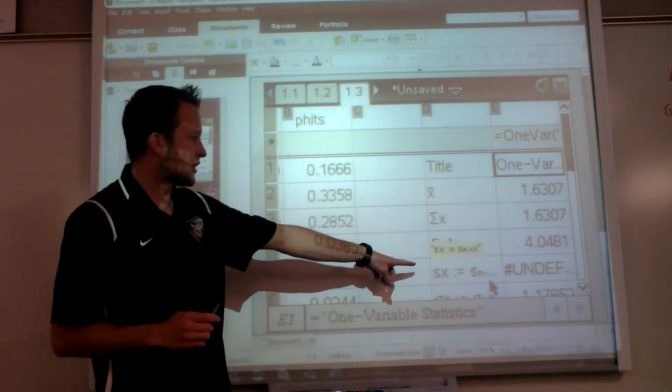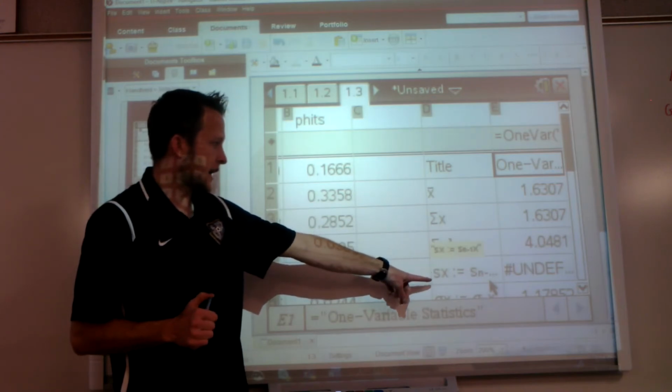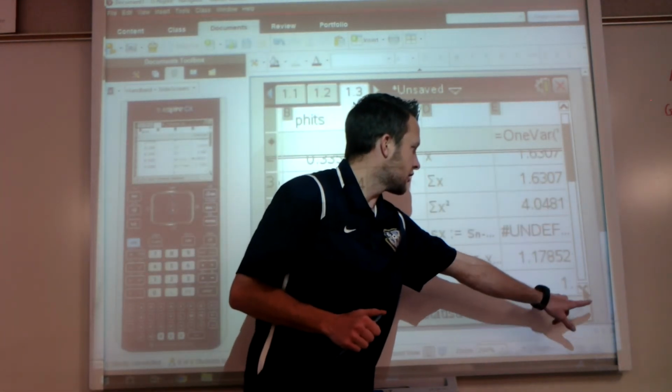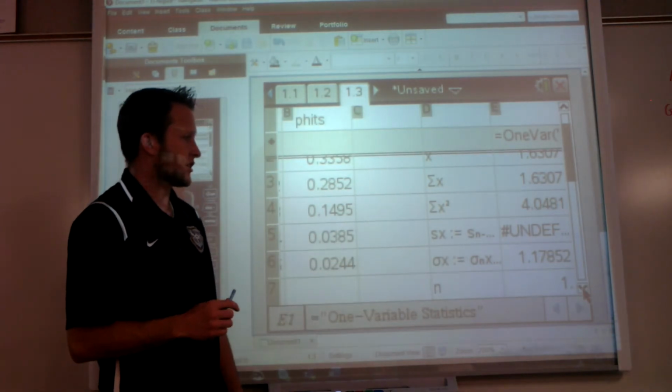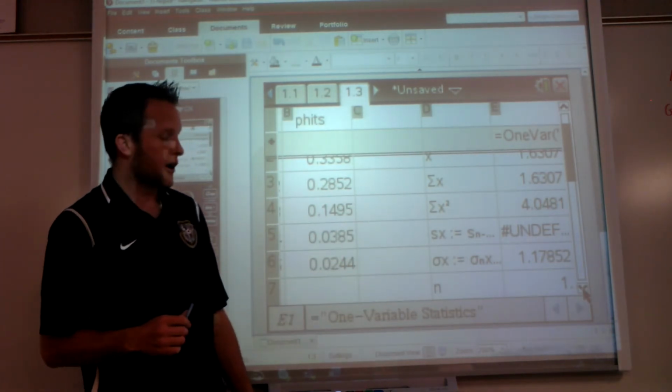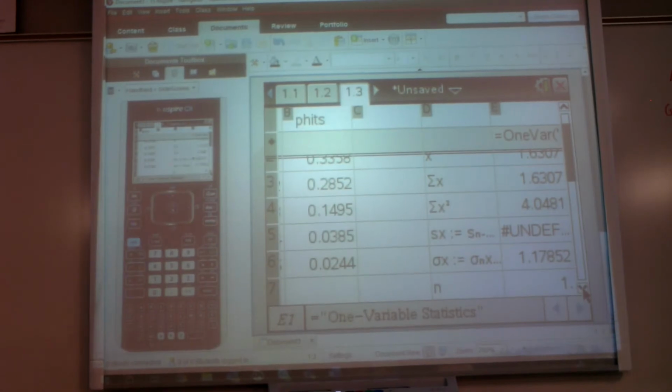And you'll notice here the sample standard deviation is undefined, but if you go down, the population standard deviation is there. That's what we're going to use. So our mean was 1.63. That's the expected value, or the average number of hits per game, with a standard deviation of 1.17.